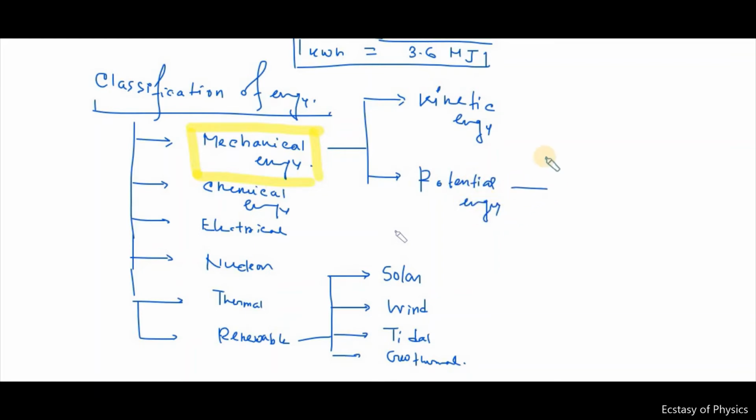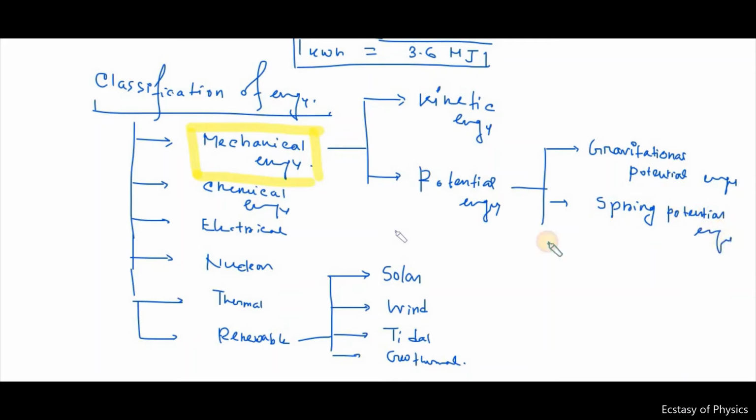And this potential energy, it can be classified into different types. For example, the gravitational potential energy, spring potential energy, which is a very important concept from the mechanics point of view in physics, then electrical potential energy.